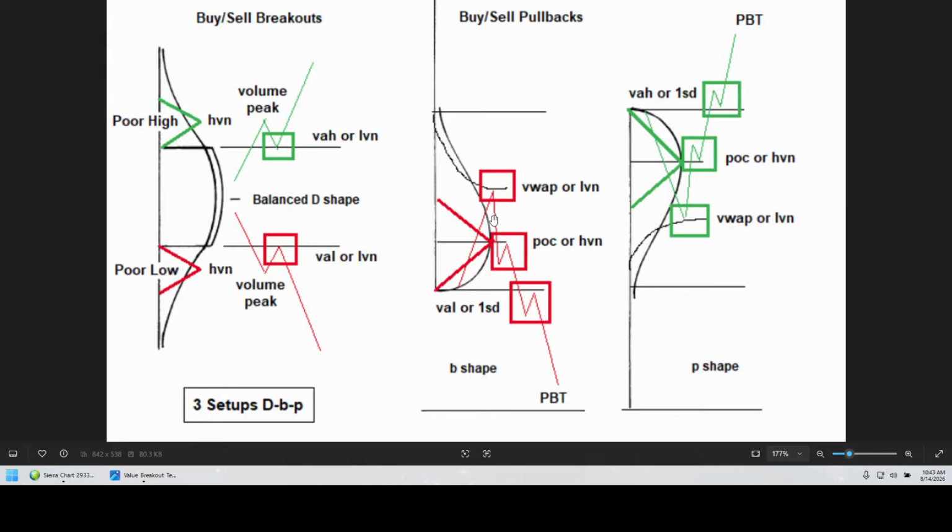Okay, and then vice versa for a Bravo-shaped profile, the PBT, price balance target, would be to the downside. The goal on a Bravo or a Papa-shaped profile is to develop into a delta-shaped profile. Is that clear for everybody?